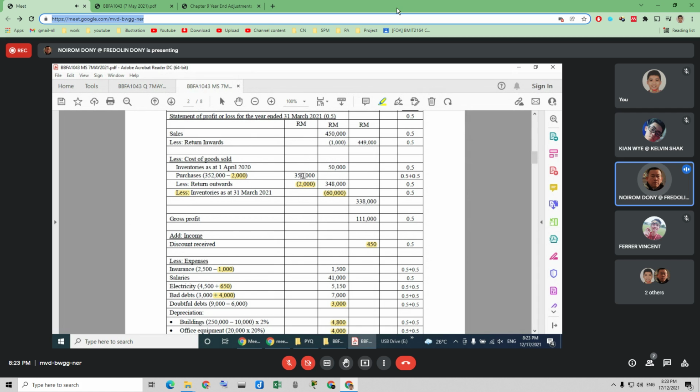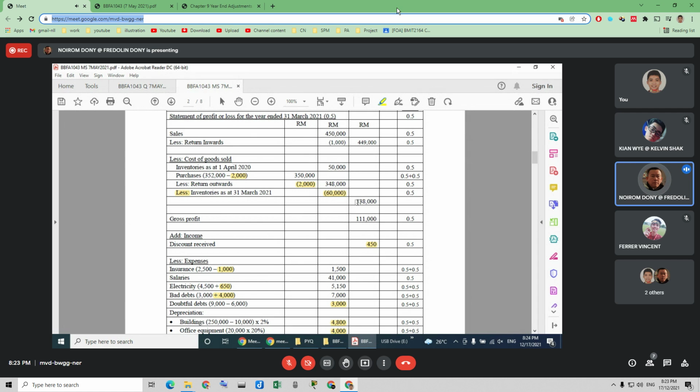So this is the net, and then less return outward 2,000. So this is the resulting purchases amount, 348,000. Then plus the opening inventory, okay, less the closing inventory. So 338 is your cost of sales, cost of goods sold.